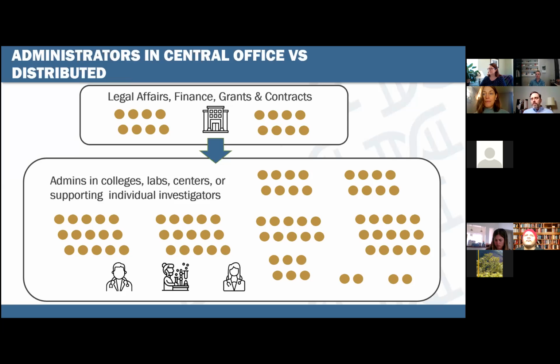For perspective, my office here at VUMC, which supports a huge research enterprise, we're fewer than 15 people in the central grants office, whereas there's hundreds of administrators working in individual departments. And myself, as well as Hillary and Ann, we represent research administrators and a grants team for the Institute for Global Health.